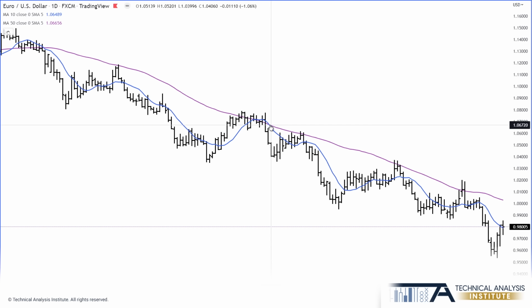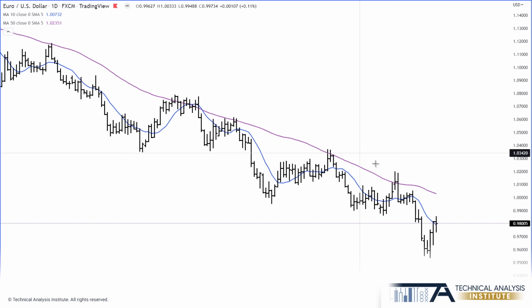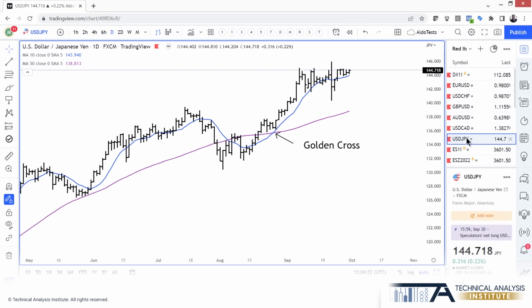The signal cut a large portion of the downtrend back from January all the way here to September. The dead cross is the type of signal you want to look for and take every single time you spot it. And here you can see an example of the golden cross in the dollar yen.